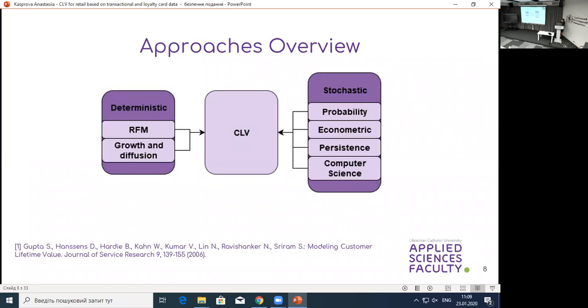Here is the problem that different researchers who created this model decades ago, they had different contexts for different businesses, and they also use different data sources in their research. So it could be survey, some reported data, or customer databases. A year ago, Pavel Jacek from Prague University published a work, and he said that if you are dealing with transactional data, only two variants you can choose, the probability and econometric approach.